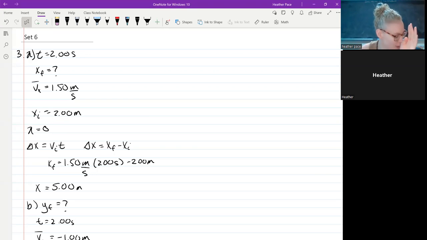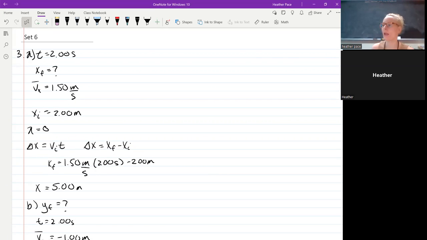Set 6, we're going into chapter 3 in 2D motion. I've already begun the work here, starting with problem 3 in chapter 3.